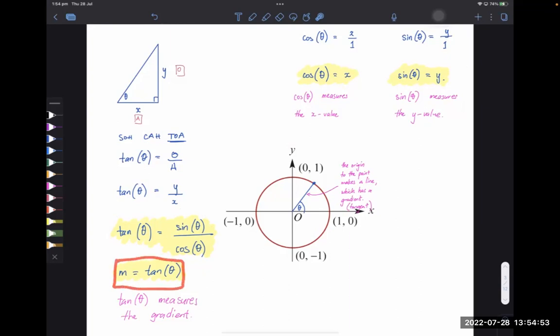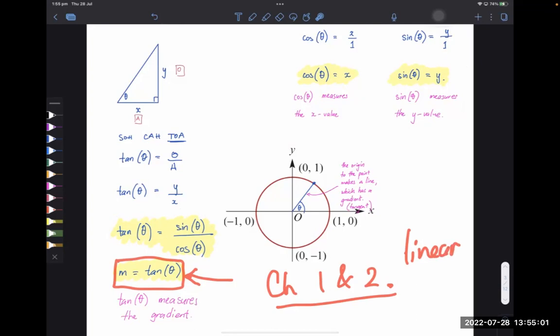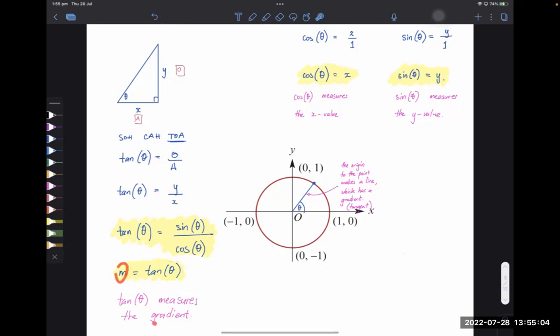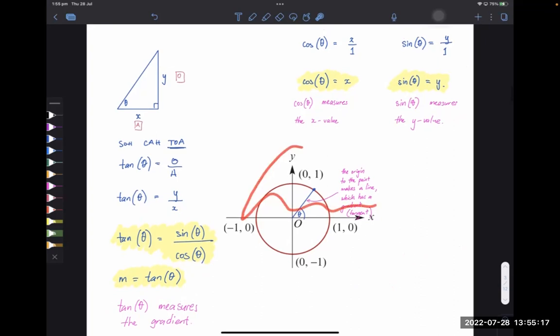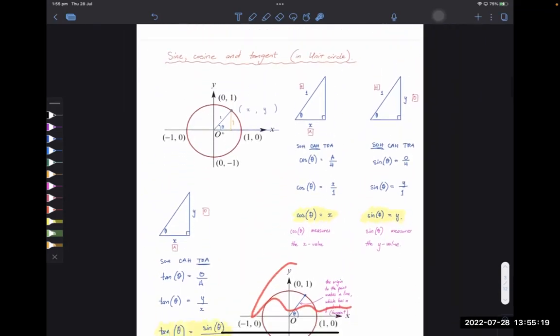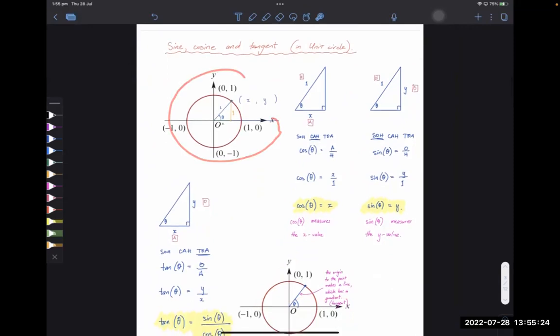This is an equation that you would have come across in chapters 1 and 2, which had an idea with linear graphs. M measures the gradient, okay? So tan theta tells you the gradient, okay? Don't worry about this diagram here. But that's how sine, cos, and tan come about if we look at the unit circle.